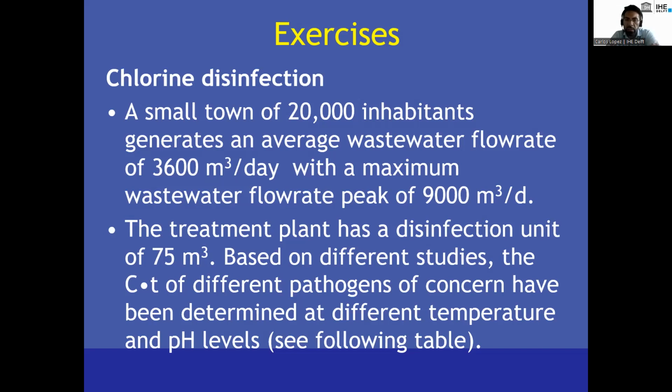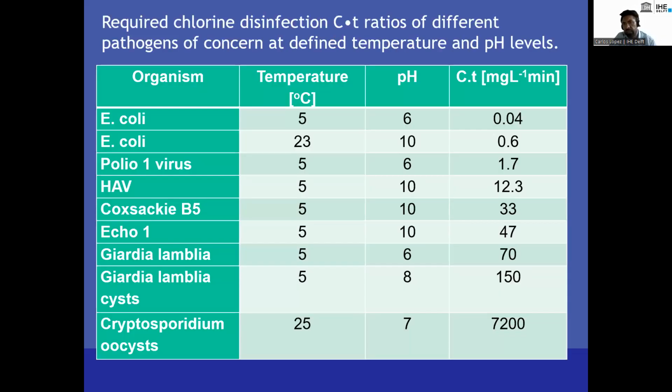Now, the plant already has a disinfection unit that has a volume of 75 cubic meters. Based on different studies, the CT values of different pathogens have been estimated, as we have seen in our lecture.